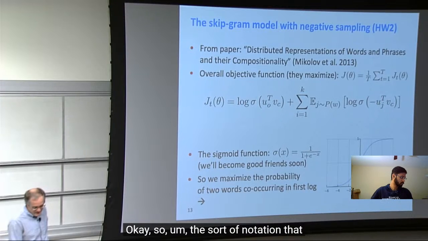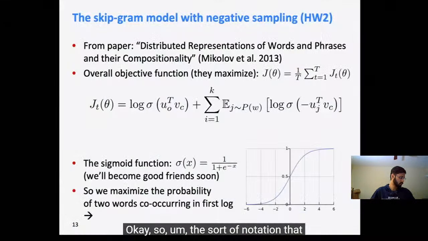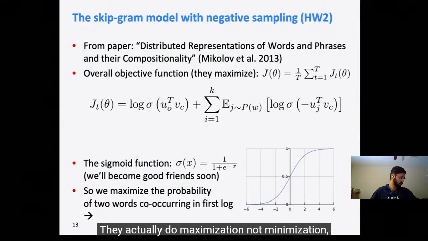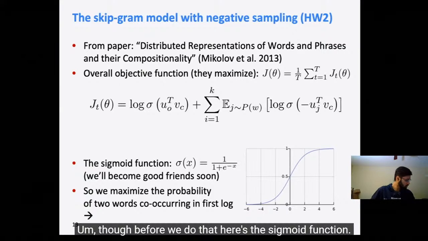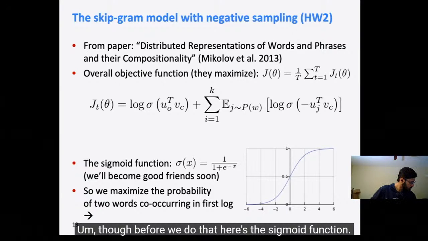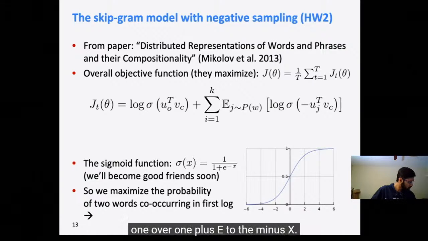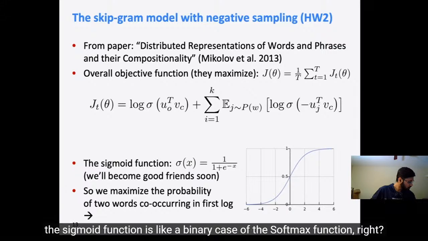Okay, so the notation that they use in the paper is slightly different to the one I've used. They actually do maximization, not minimization, and that's their equation, which I'll come back to. But before we do that, here's the sigmoid function. The sigmoid function is normally written like this, 1 over 1 plus e to the minus x. But essentially, the sigmoid function is like a binary case of the softmax function, right?